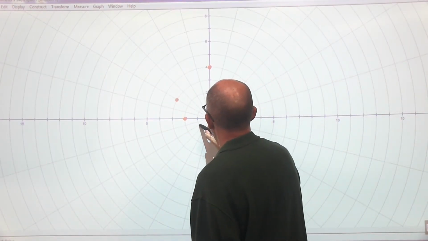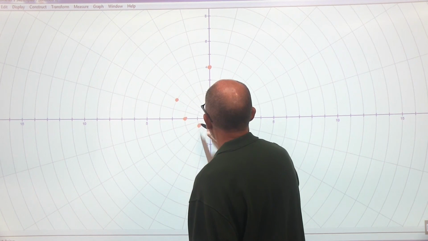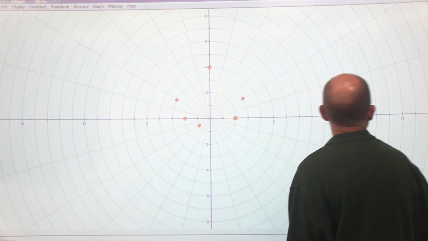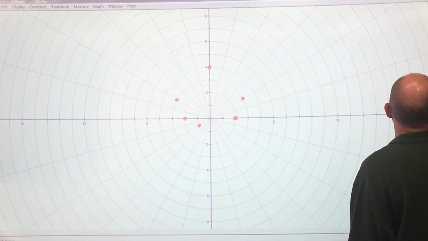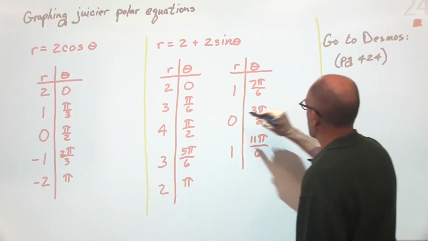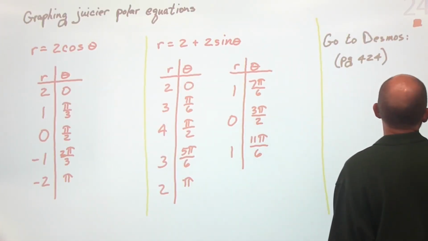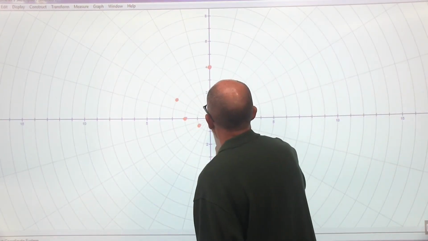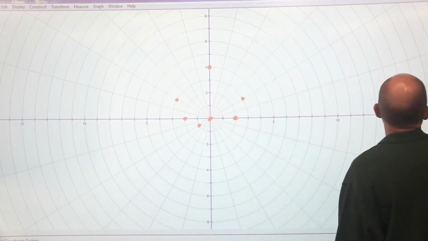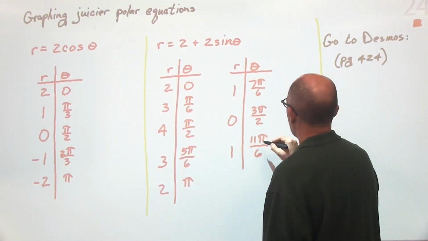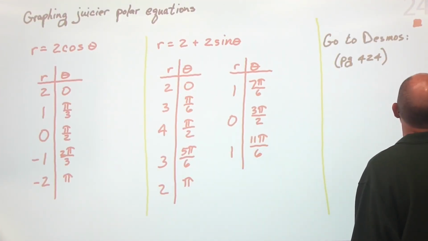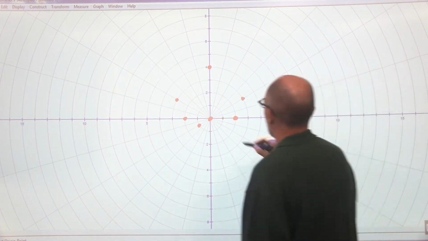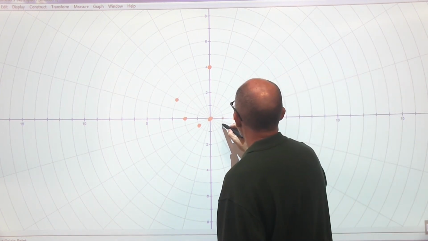So 7 pi over 6 is this way, 1 is right here. Then 0 at 3 pi over 2. So basically it's straight down at 0. And then 1 at 11 pi over 6, right there.